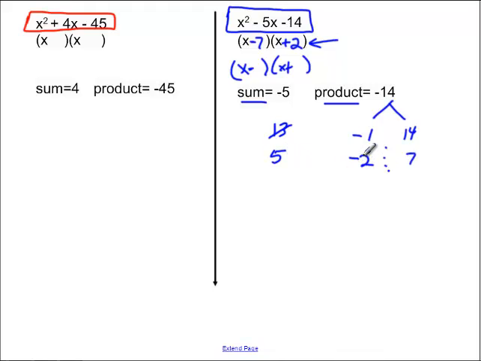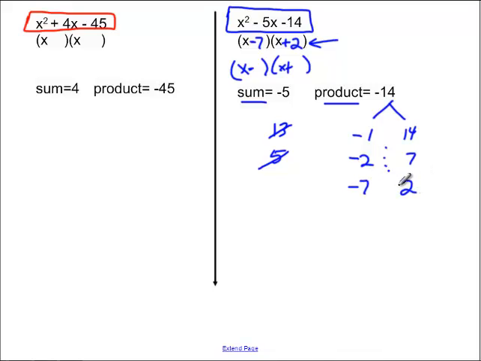And this one is where you really have to pay attention, because negative 2 plus 7 gives me a positive 5. Don't be misled to say, oh, there's my answer, because we're looking for a negative 5 here. So throw that one away. 3 is not a factor. 4 is not a factor. 5, 6, and 7. So if we get to that point where we go to negative 7 times positive 2, we could do that.